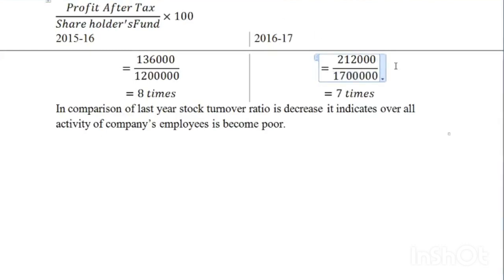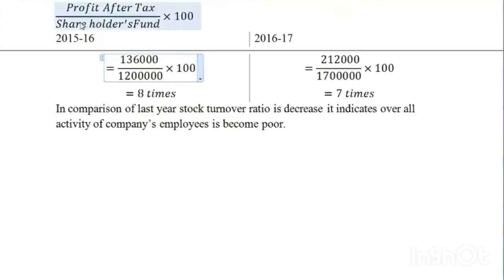Multiply by 100. Okay, here also multiply by 100. Tell me the answer. 11.33, sorry, 11.33%. And here 12.47.